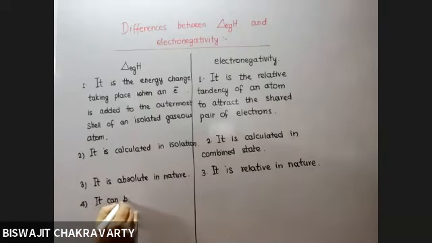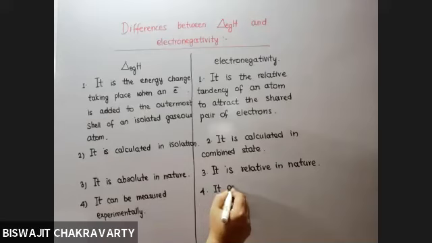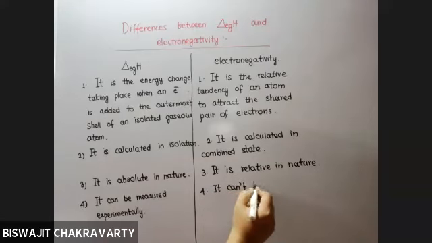Delta EGH can be measured experimentally. Electronegativity cannot be determined experimentally.